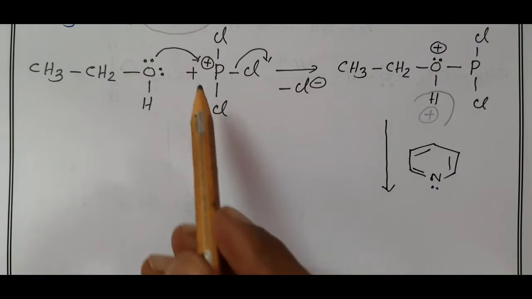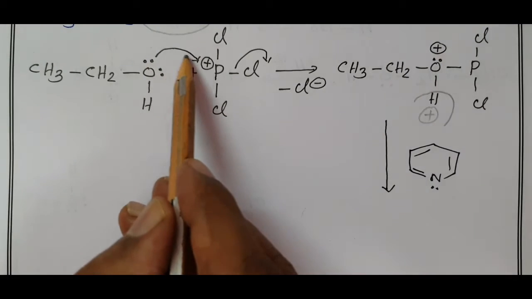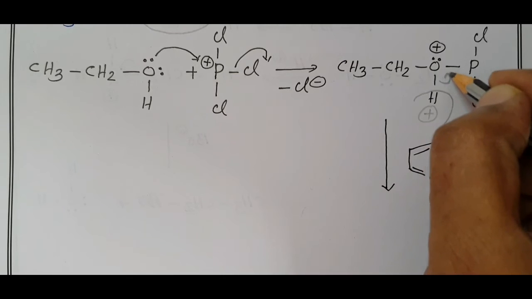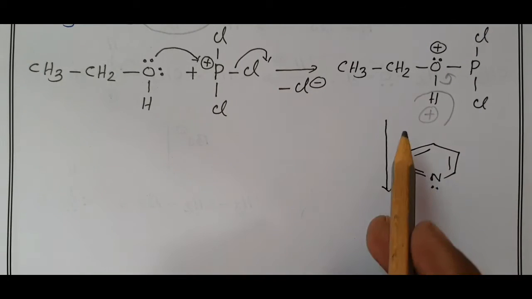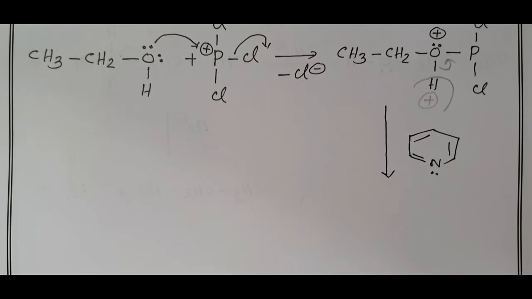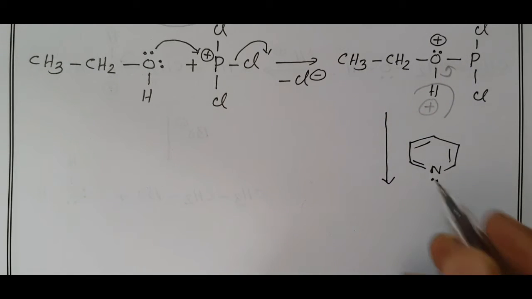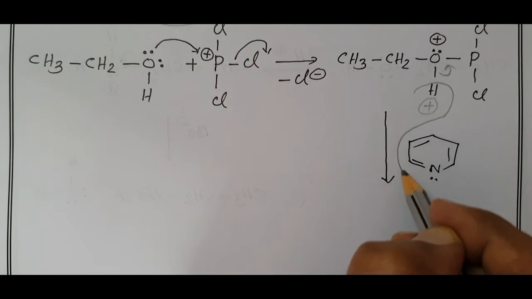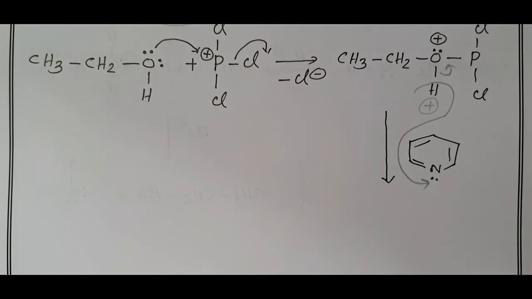Remember, whenever oxygen donates a pair of electrons in the first step, it removes a pair of electrons from the nearby bond. This H+ is removed, and oxygen gets its electron. So pyridine absorbs a proton by the donation of this pair of electrons.